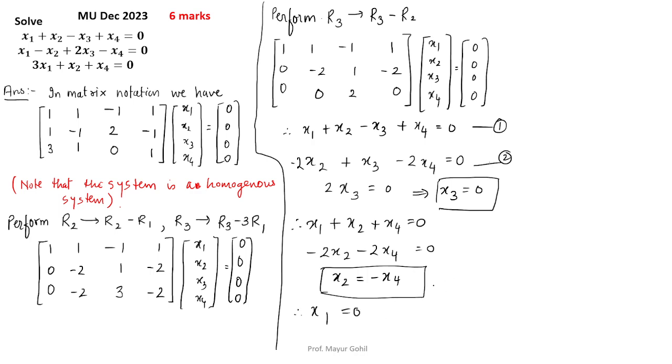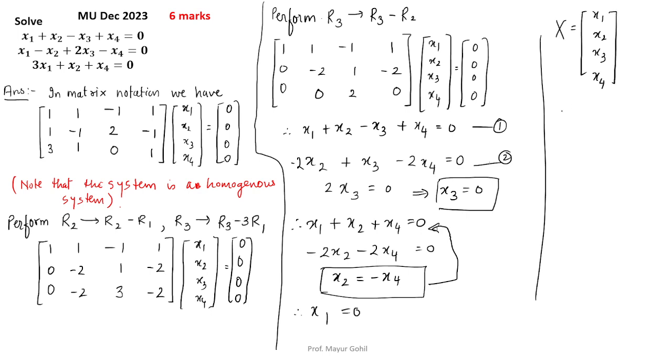You just substitute here, put it here, it's okay. After that, if we write down the matrix x, that is x1, x2, x3 and x4, what do we see here?